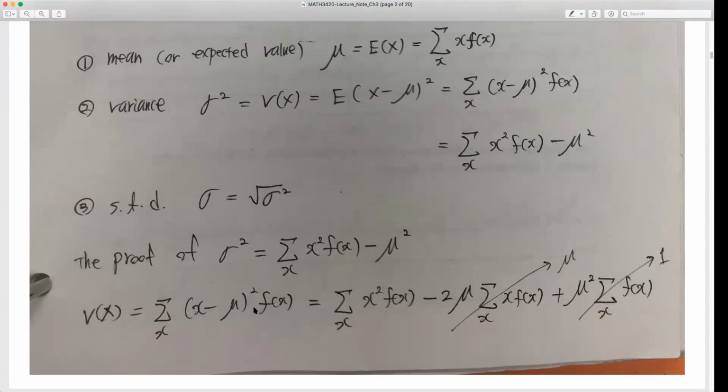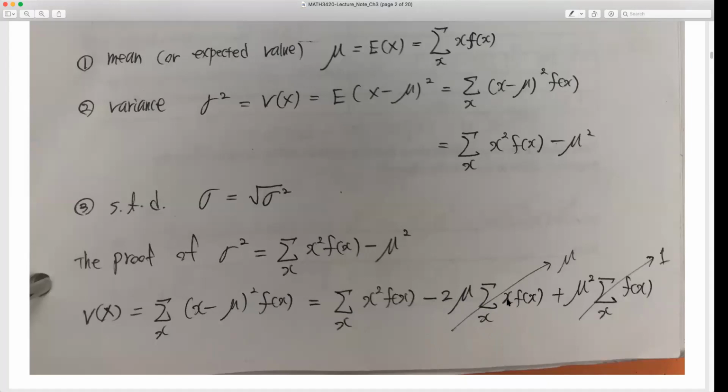Then sigma satisfies linearity, so we can break up that sigma into sigma of x squared times f of x, minus 2 times mu times x times f of x. Mu is a constant in the view of sigma, because x is the moving index, so we can bring it out.